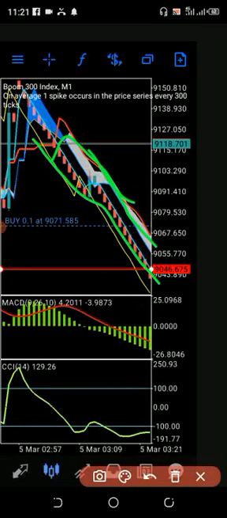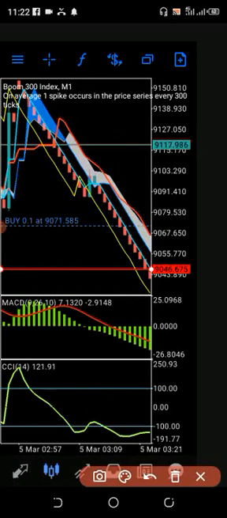Now, immediately you see something like this, the blue one will start closing and forming something like a pestle, like a needle. What this thing simply means is that sellers have come to take over.